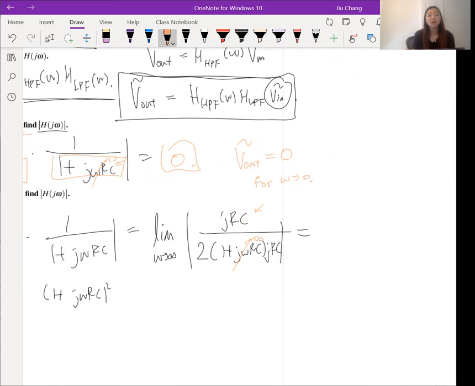So that would mean our denominator goes to infinity while our numerator doesn't. And that means our whole thing goes to 0. Well, isn't that weird? So that would again mean that our V out is 0 for omega that goes to infinity.